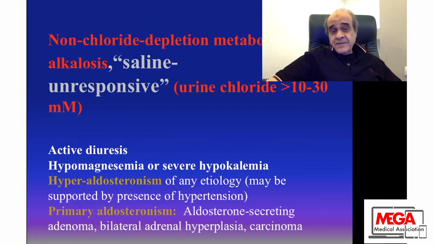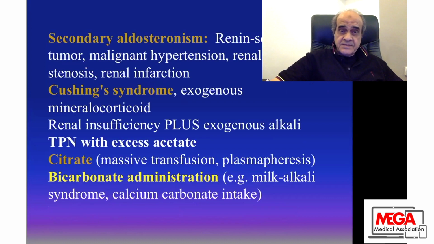The other type of metabolic alkalosis is non-chloride depletion metabolic alkalosis, saline unresponsive, because the urine chloride is more than 30. These patients, as in cases of active diuresis, patients with hypomagnesemia, severe hypokalemia, hyperaldosteronism, primary aldosteronism, as aldosterone secreting adenoma, bilateral adrenal hyperplasia, and so on.